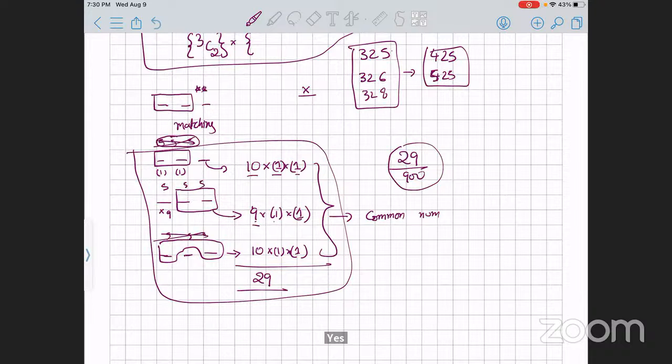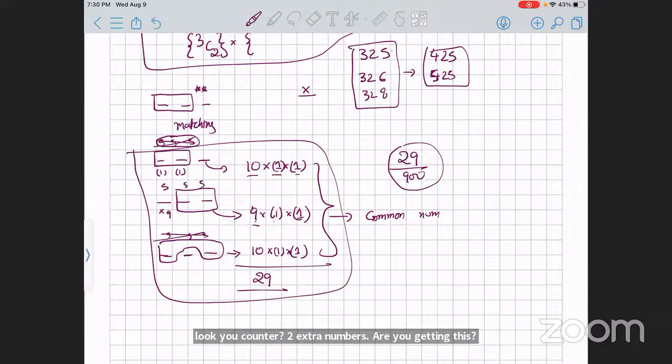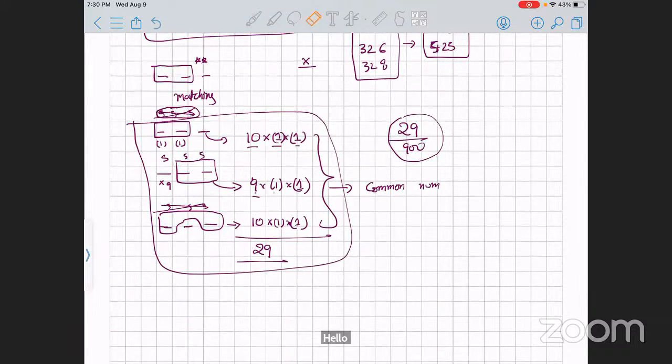But you count these as two extra numbers. Are you getting this? Are you trying to understand what I'm telling? Yes, sir. In the first case, suppose you consider 555. In the second case also you will get 555. In the third case also you will get 555. You agree?